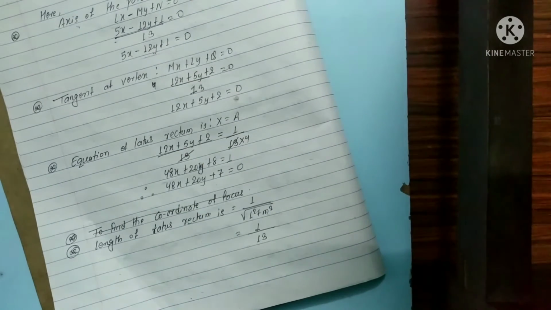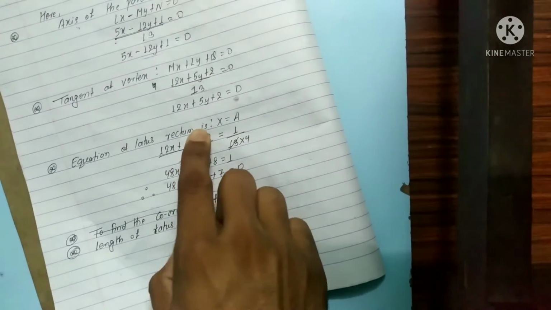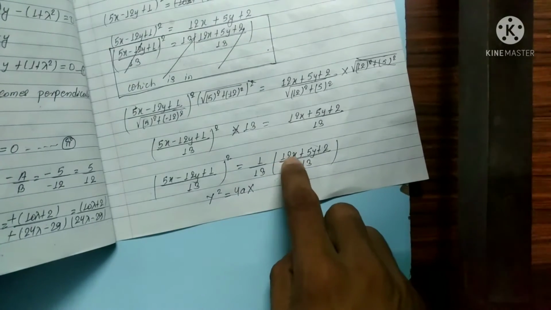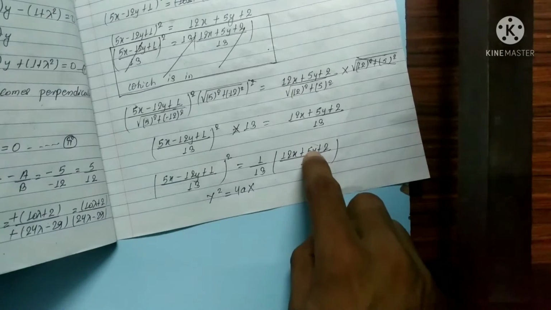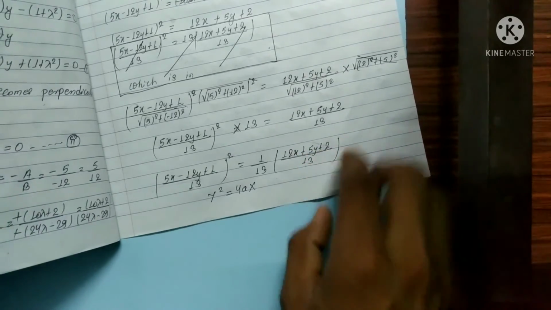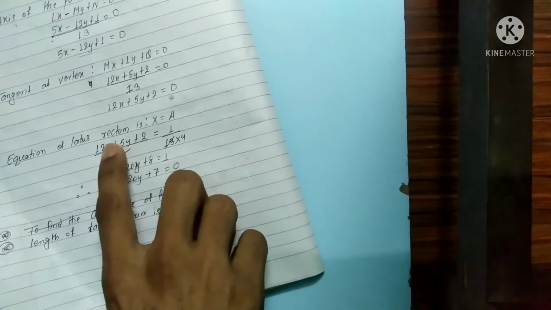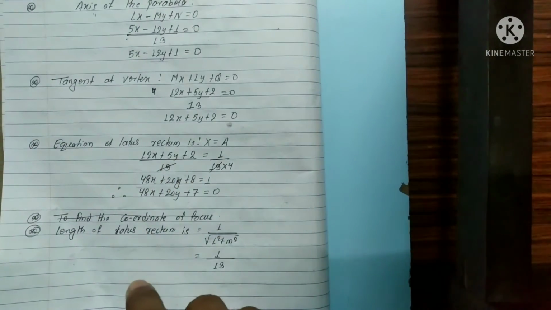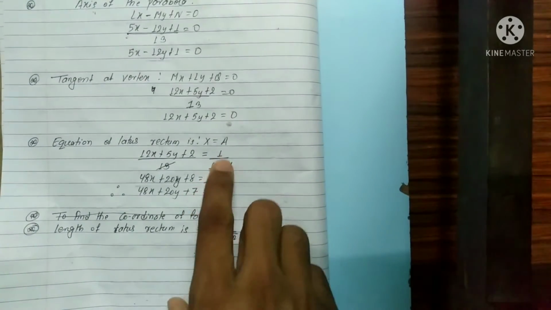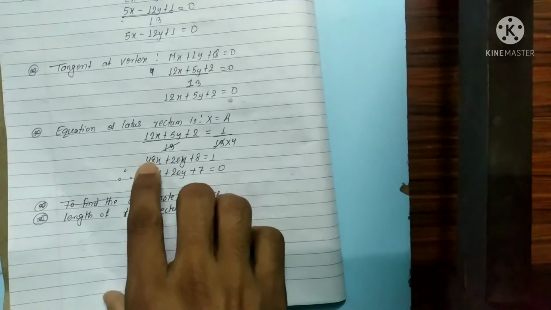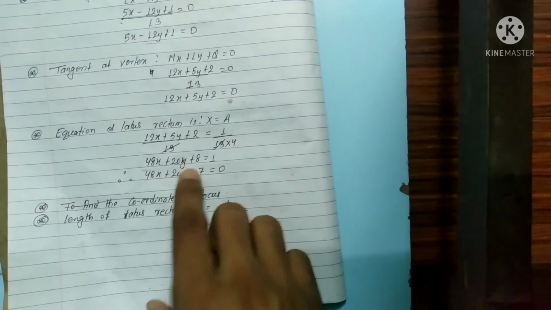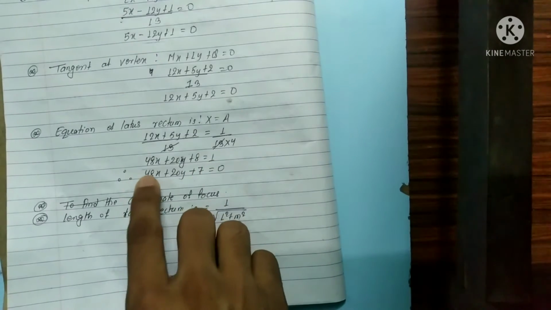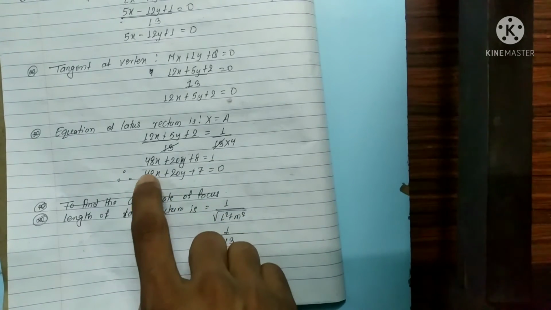The equation of the latus rectum. The equation of the latus rectum is x is equal to 0. We have 12x plus 5y plus 2 by 13 is equal to 1 by 13 into 4, and so 48x plus 20y plus 8 is equal to 0, and we know that the equation comes in that position.